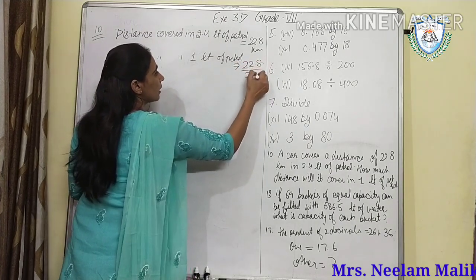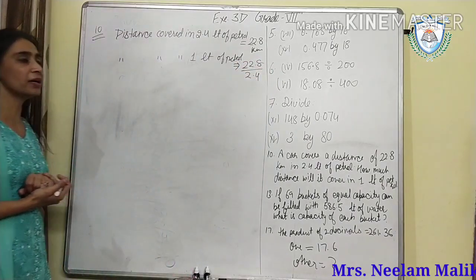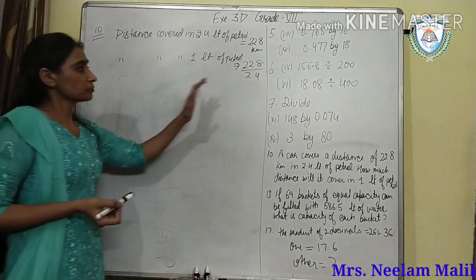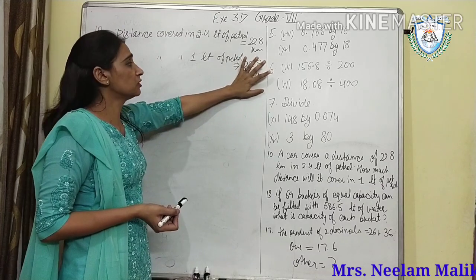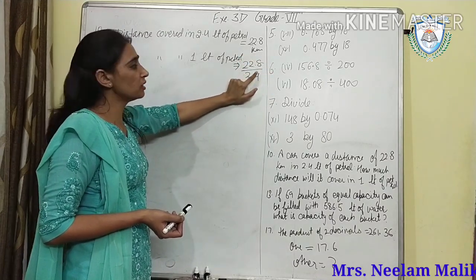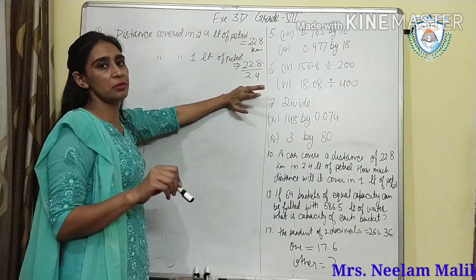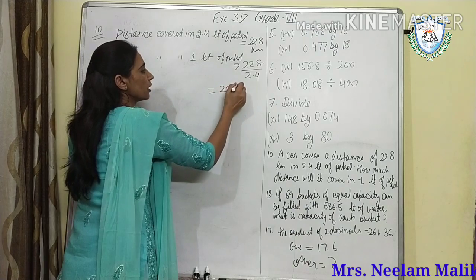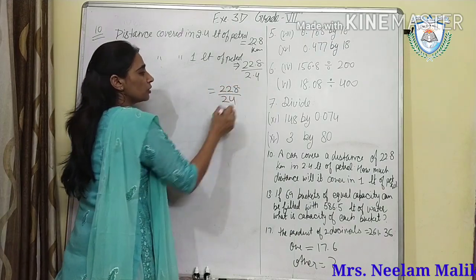This will be divided by this. You can remove the decimal here. There is 1 digit after the decimal here, and here also. So removing the decimal, your numbers will be 228 and 24.